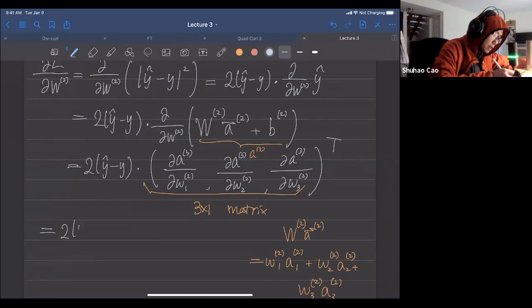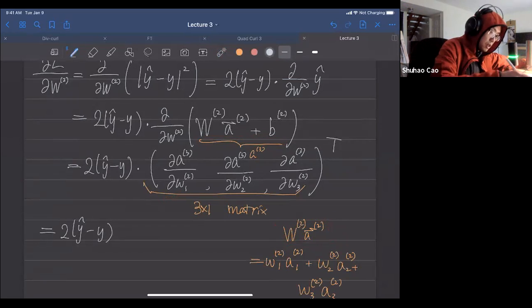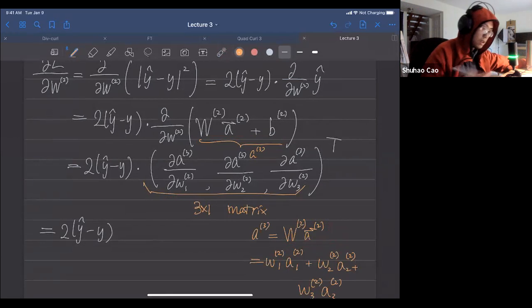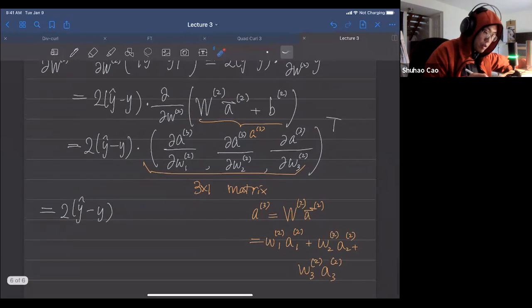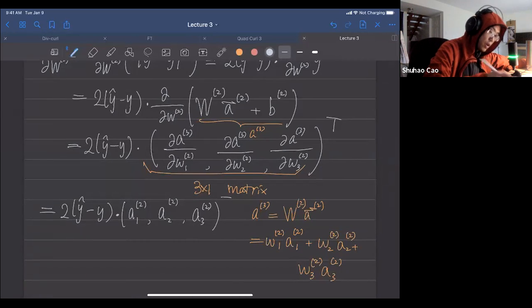Now we can write it more explicitly. A3, if we take the derivative with respect to this one, we get this one. So this is multiplied with A12, and similarly we get A22, and similarly we get A32, transposed.